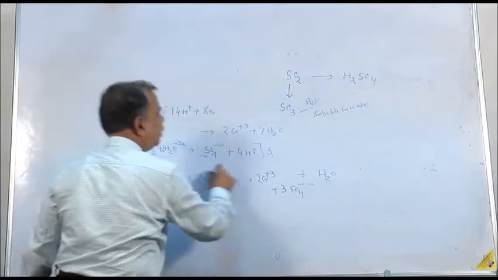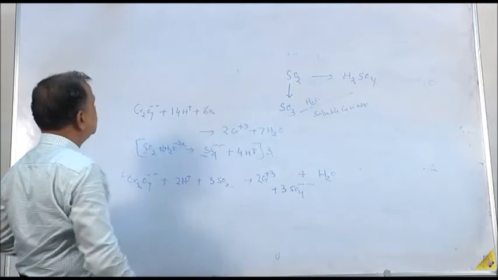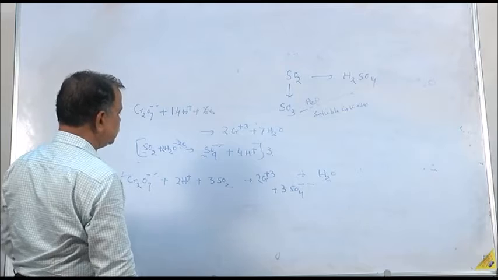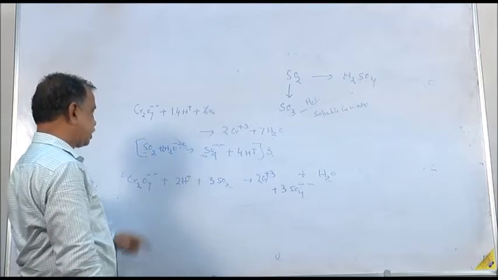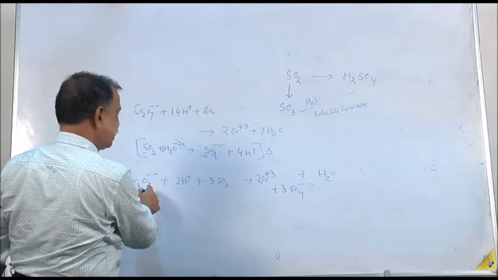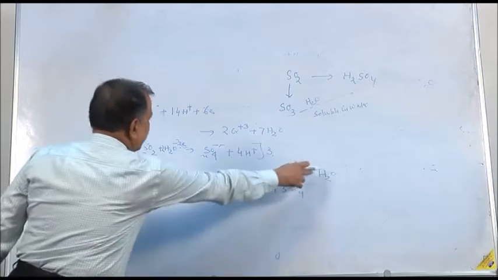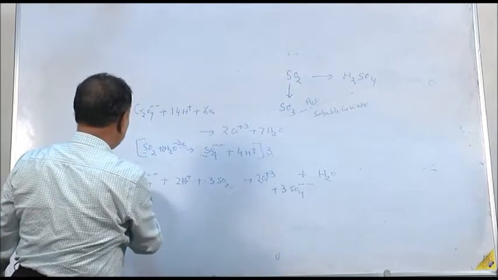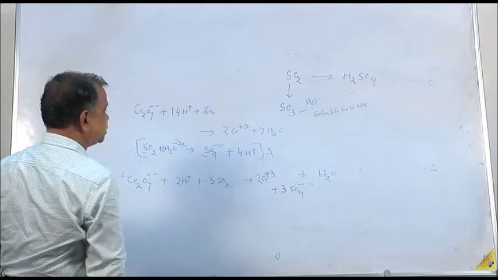This is the balanced equation of potassium dichromate with sulfur dioxide. All are balanced: the oxygens, 2H, and 2 chromium.